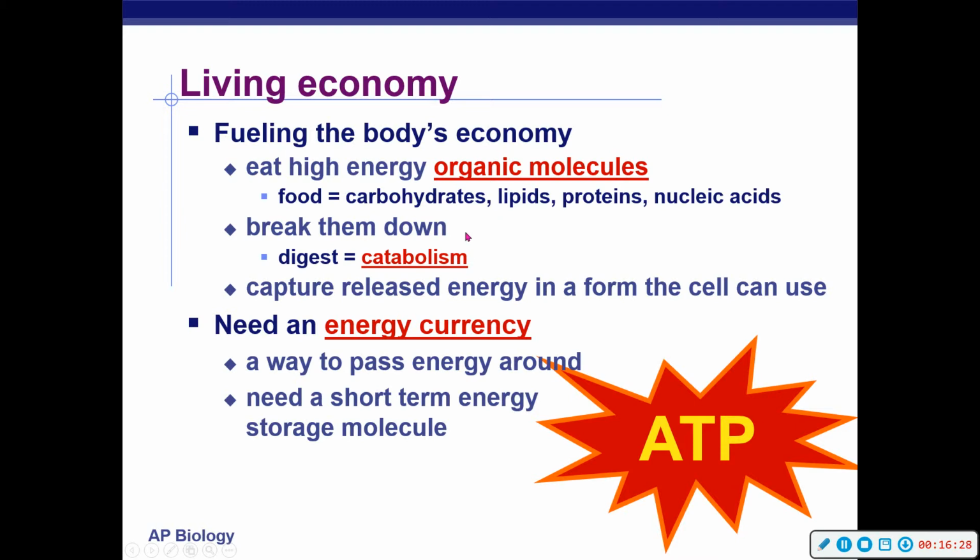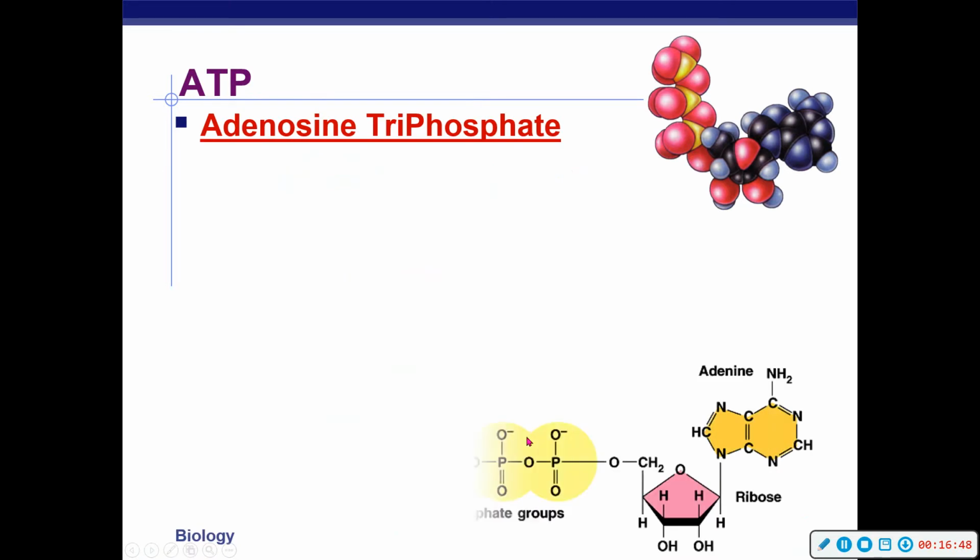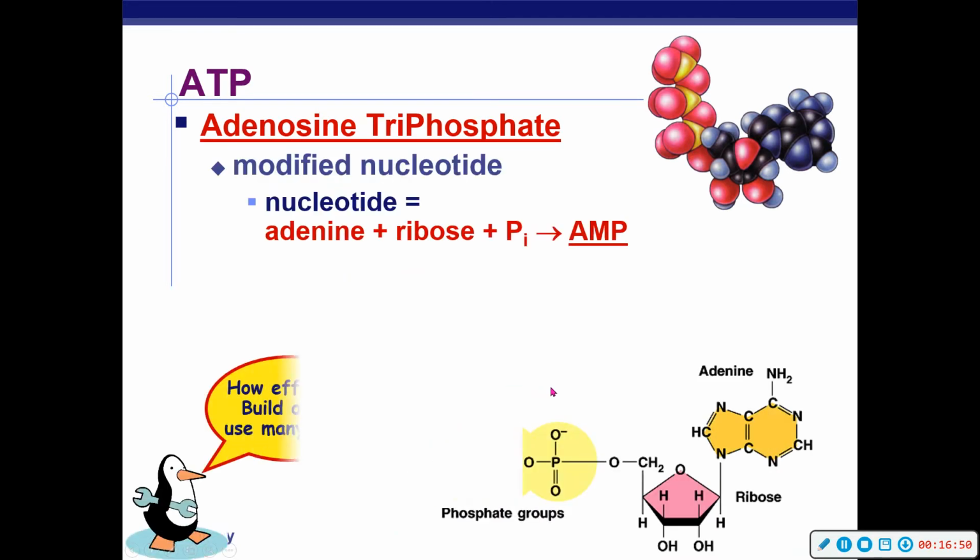So basically, we're going to use the foods we eat to make ATP. Again, it's even stating here, this is a short-term energy molecule. Not good for long-term storage. It's too unstable.